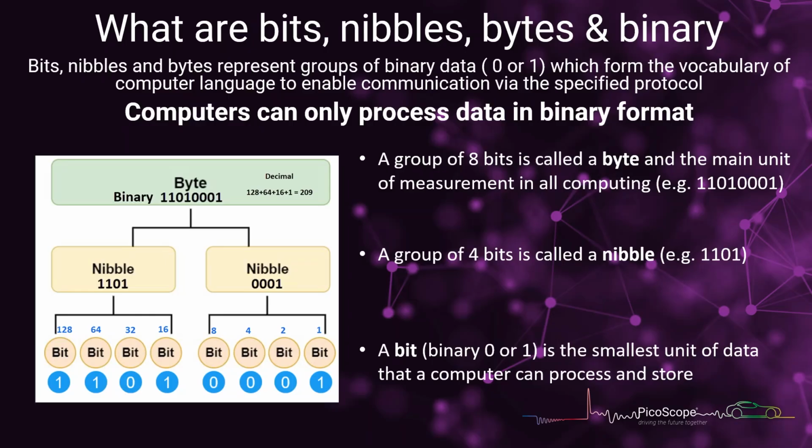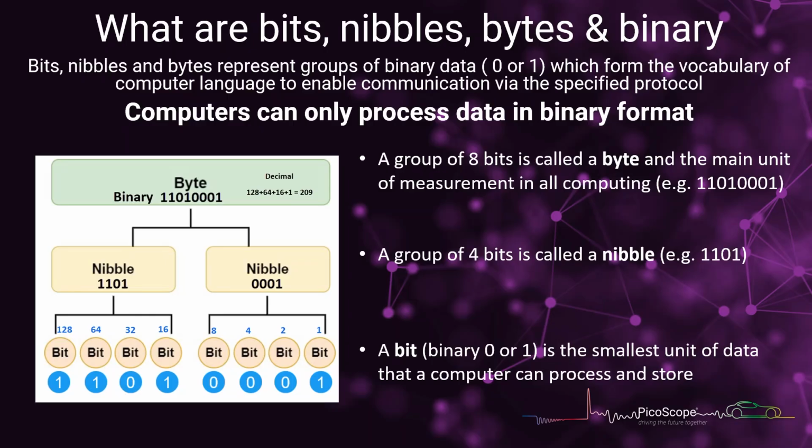Ultimately, what needs to be transmitted is this binary data. Some terminology that hopefully will help. A group of 8 bits is called a byte, and it's the main unit of measurement in all computing. For example, I've organised 8 binary bits there to form the byte.